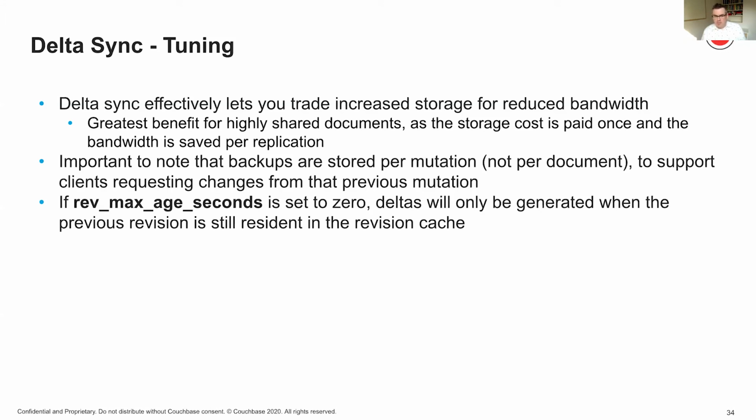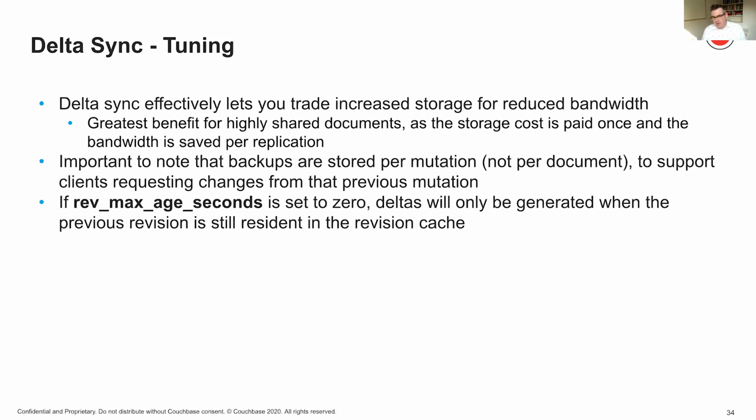It is important to note, though, that backups are stored per mutation, not per document. That's to support the fact that with a mostly disconnected client base like Couchbase Mobile, you would expect that different clients are going to be coming in requesting deltas from different revisions. So the previous revision that they have for a given document is just going to depend on the last time they replicated.